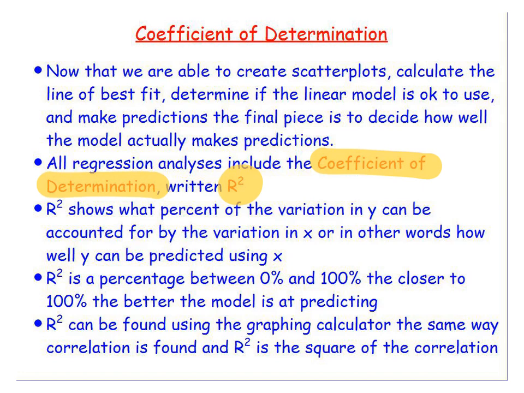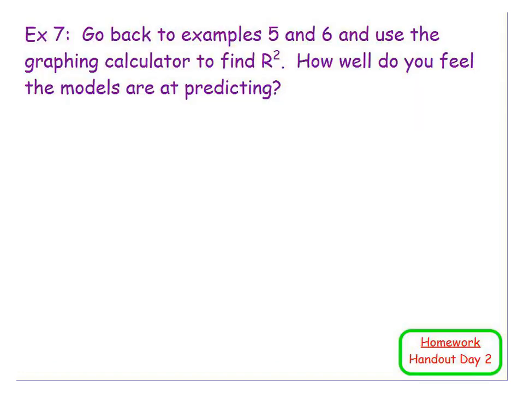So, what I would do is go back to example, you know what, we're just going to do example 6. We'll save time. We're not going to do example 5, just for the sake of time. Go back to example 6, which was the most recent one you did, and the data should still be in your graphing calculator, and just find R squared.